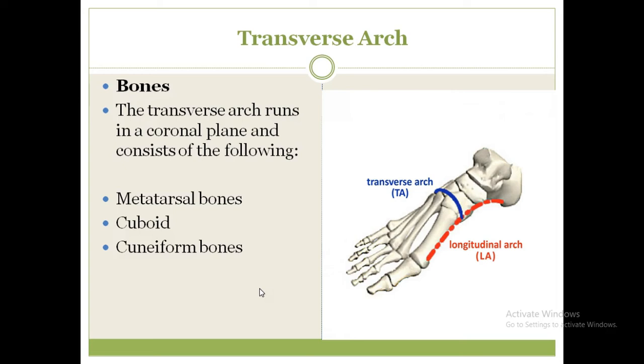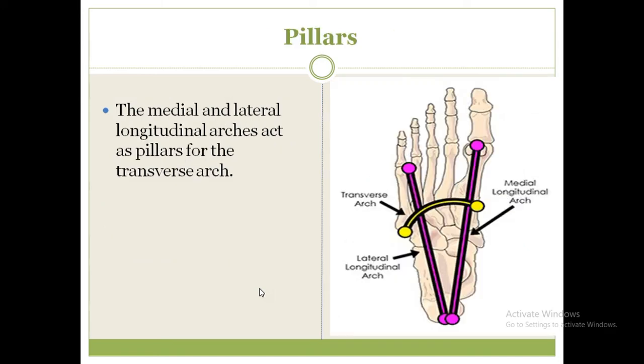Now metatarsal bones come from the forefoot, and the cuboid and the cuneiform bones come from the midfoot. So there is no contribution of the hindfoot in case of the transverse arch. Then the transverse arch rests on the two pillars which are formed by the medial longitudinal arch and the lateral longitudinal arch.